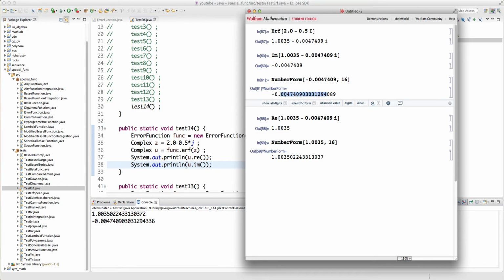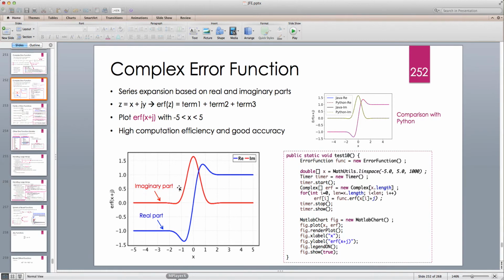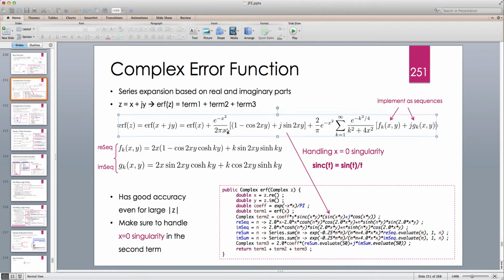All right, so we get about 3, 6, 9, 12, 15 decimal places of accuracy that matches Mathematica. So basically what this means is that Mathematica is also using exactly this equation for complex numbers. And that's not surprising, because this is the standard way of calculating the error function for complex numbers, okay?